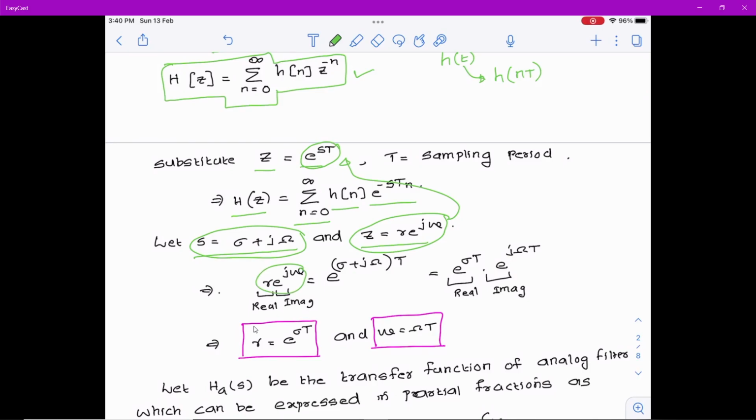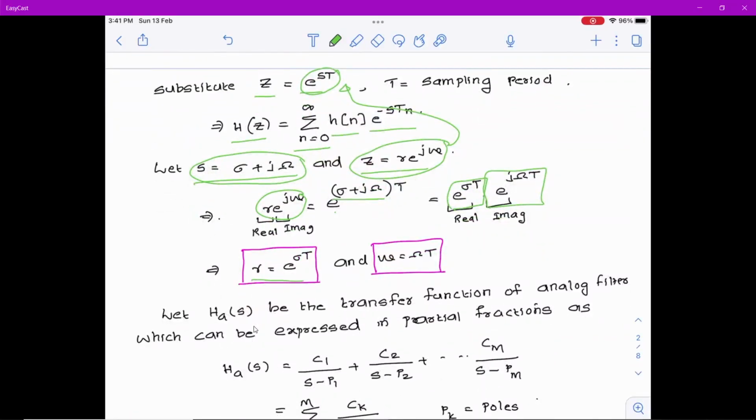In the right hand side it is e raised to sT, where s is sigma plus j omega, so e raised to (sigma plus j omega) into T. Now you can split this into one real term, e raised to sigma T, and one imaginary term, e raised to j omega T. Equating the real and imaginary terms on the left and right hand sides, you can see that r is e raised to sigma T and omega is equal to capital omega T.